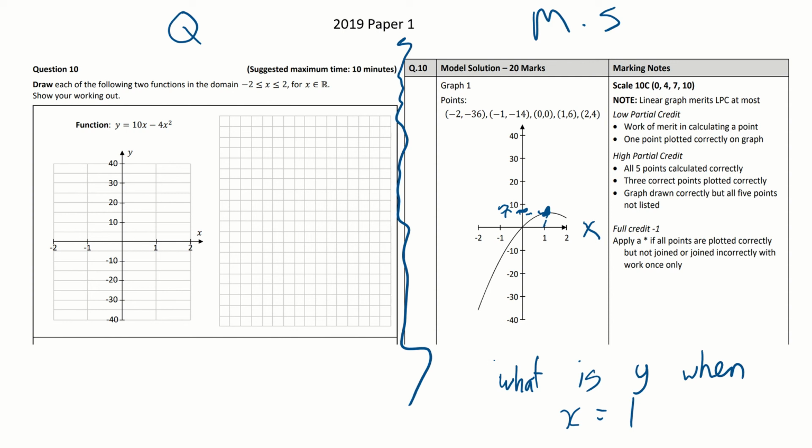Just in regards to this question here, I have a functions video done as well, so I'll link that below if you're not okay with graphing functions.